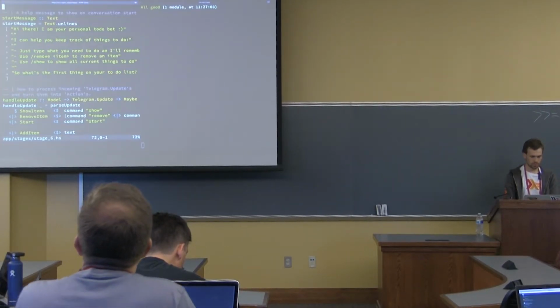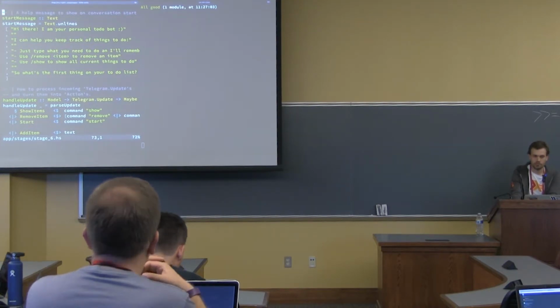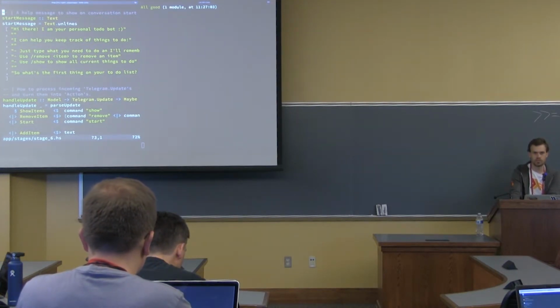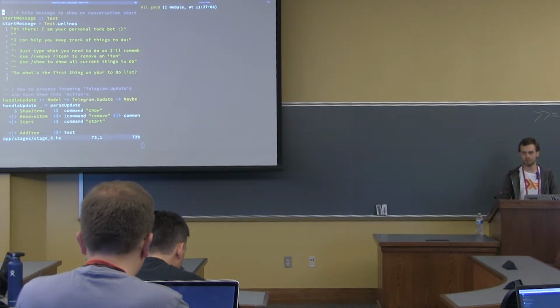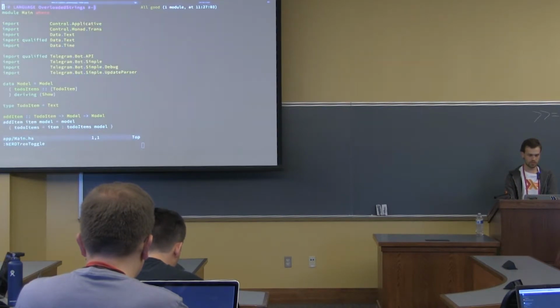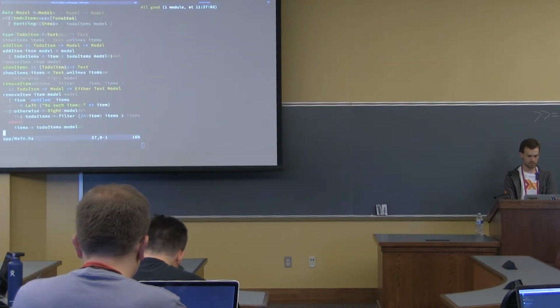Yeah. So most bots in Telegram, they do have a start message. Like when you first start interacting with the bot, it displays you some help message, and it's useful to have that one. So in stage 6, we have this start message text.